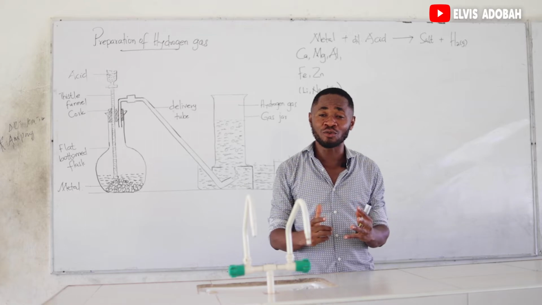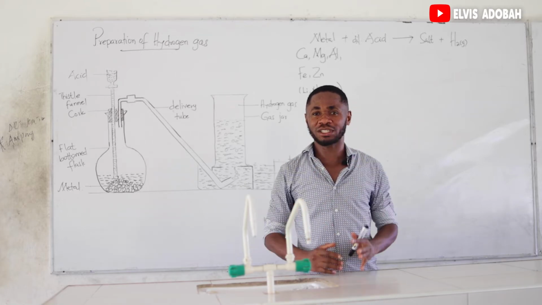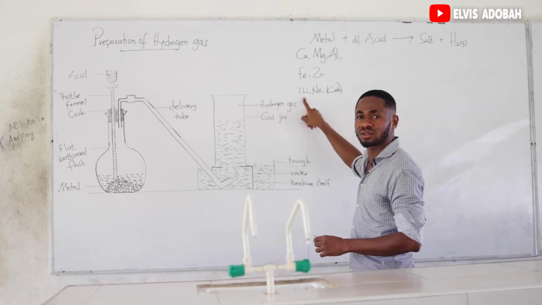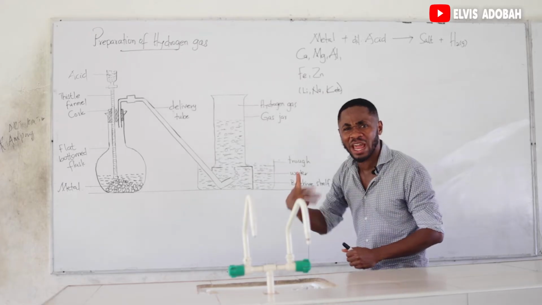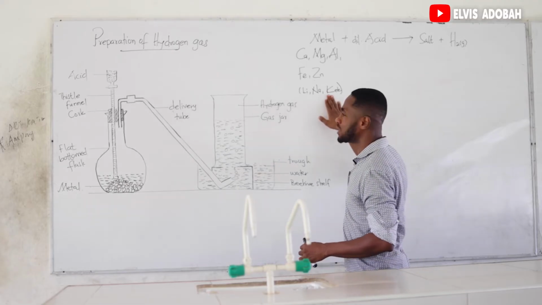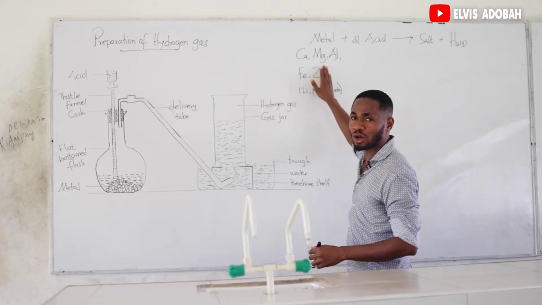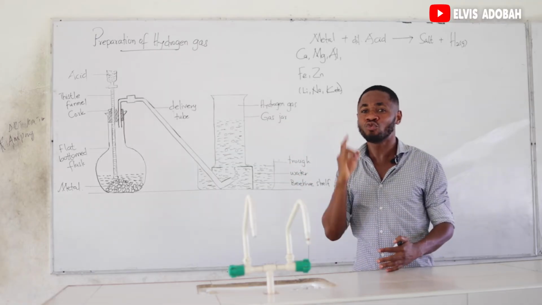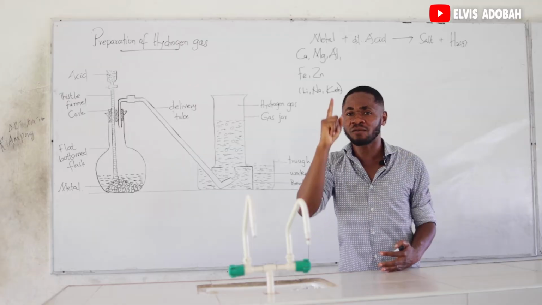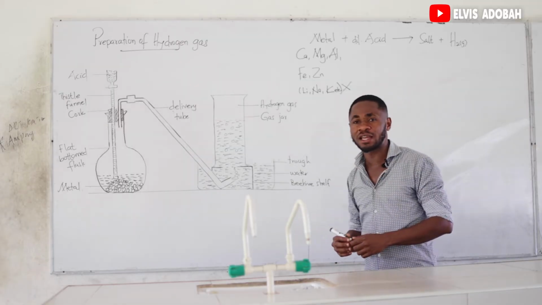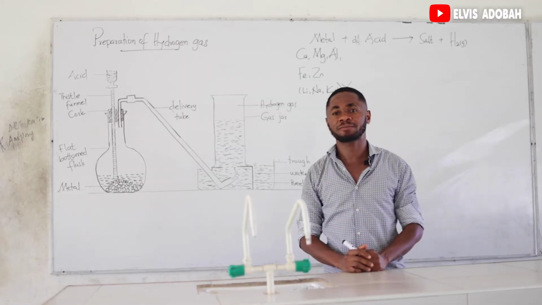Because as we already know, acids are corrosive. So because these metals react violently, even with water, we do not use them for these experiments. Although when we use them for the experiment, we are still going to get hydrogen gas. We can't control that violent reaction. So we do not use these group 1A metals for the experiment.